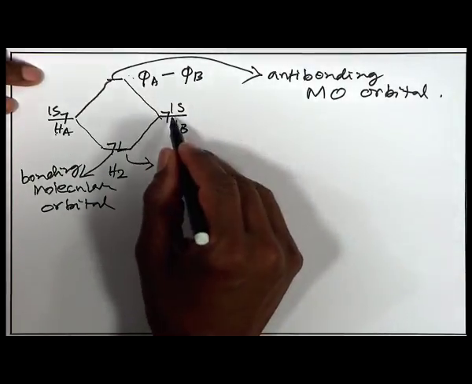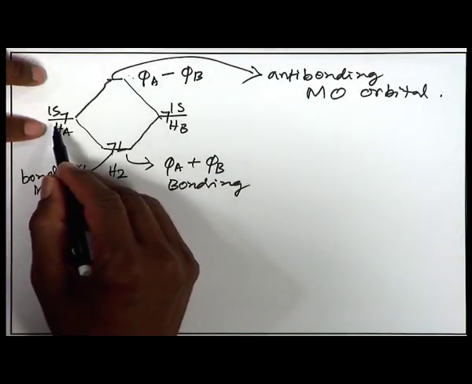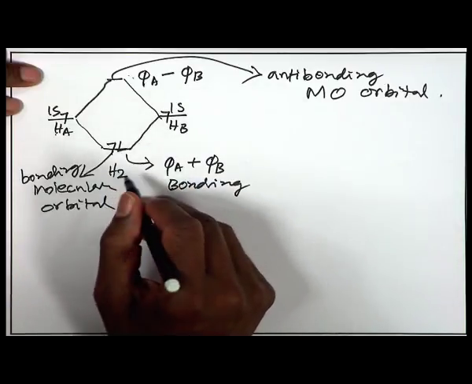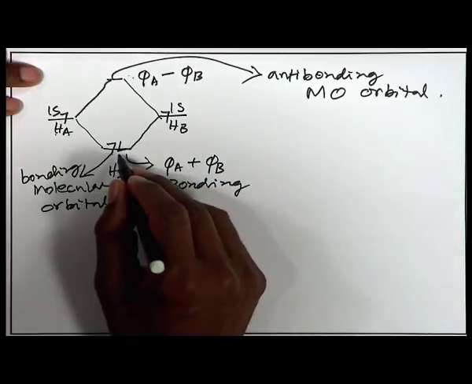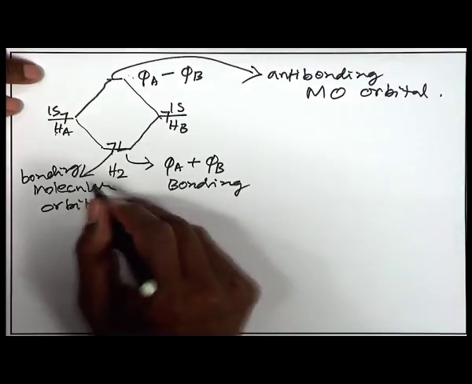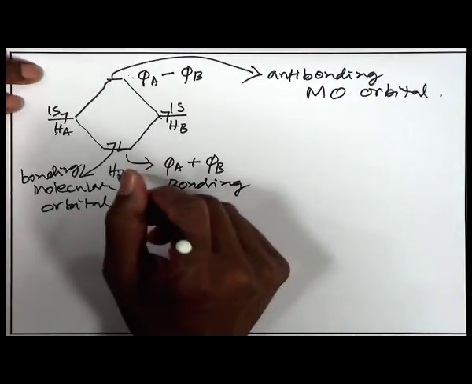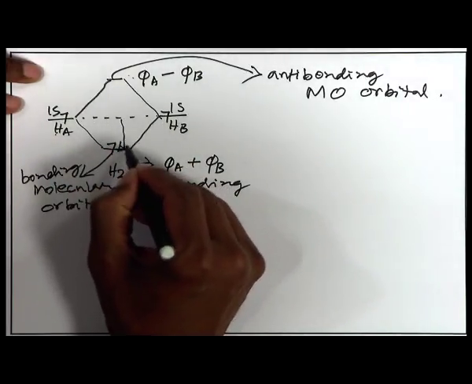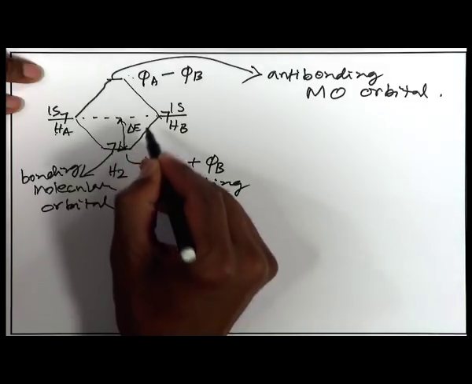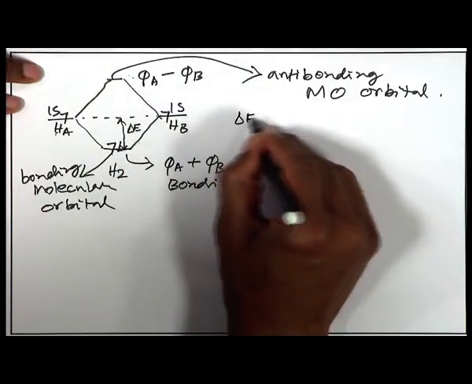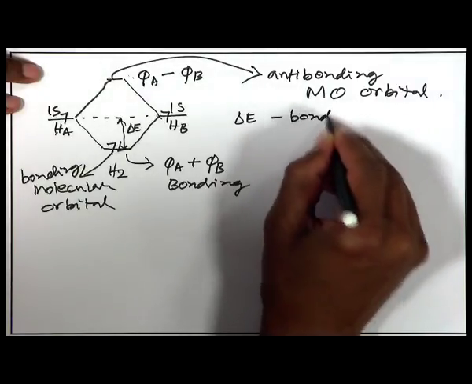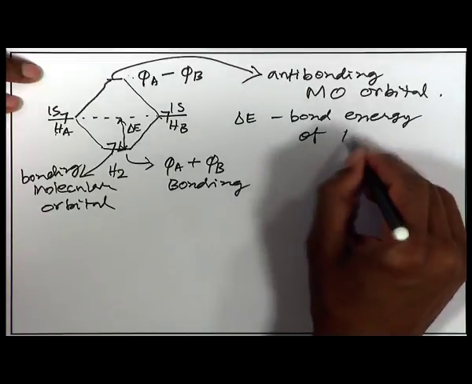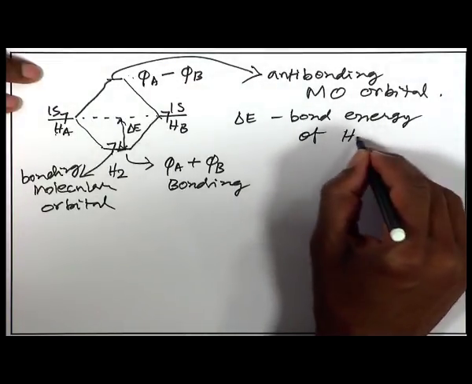So, here there is one electron, here is another electron, and both electrons will go to the level whose energy is lower. So, both of them will come to this level, that is the bonding molecular orbital. They will not go here. Okay. So, the difference between this level and this level is delta E, that is the bond energy. Delta E is the bond energy of the bond between 2 hydrogen atoms.